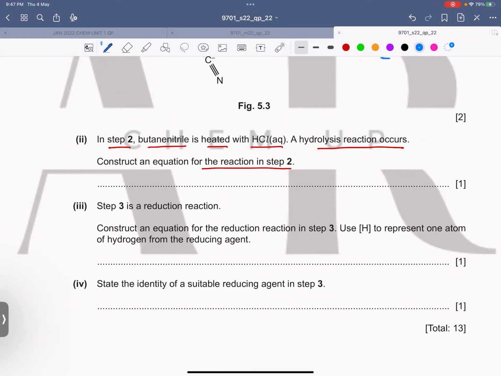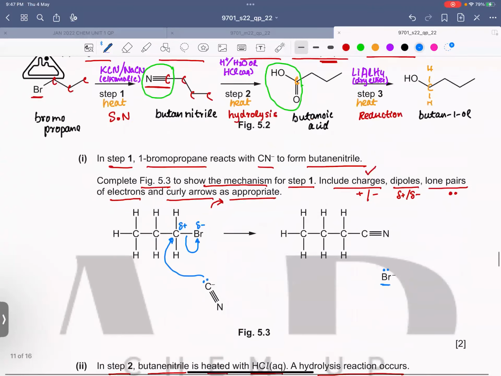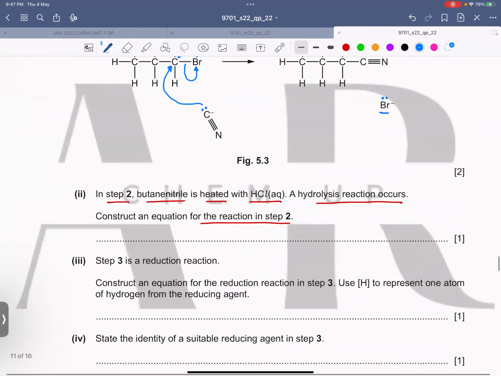So we have butane nitrile. It is CH3, CH2, CH2, CN, reacting with hydrochloric acid.